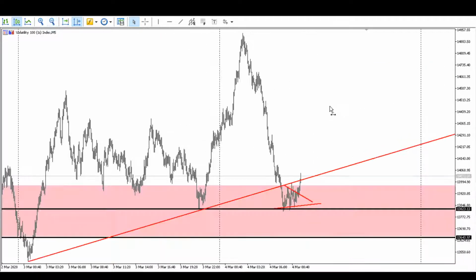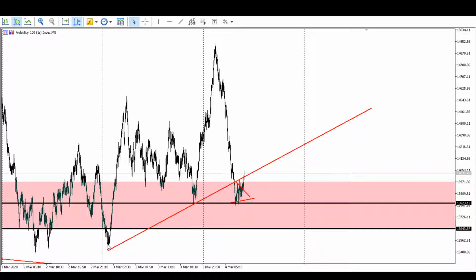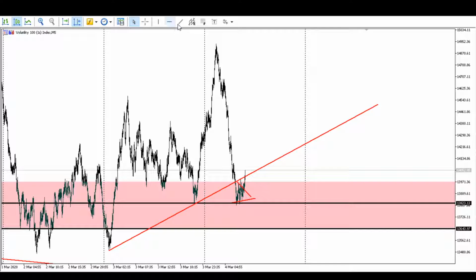When I come to 5 minutes here, I see these levels 1, 2. That's why I put this trend line here. After putting this trend line, I want the market to push above this trend line, and when they come to retest, and after getting the confirmation, I will buy.